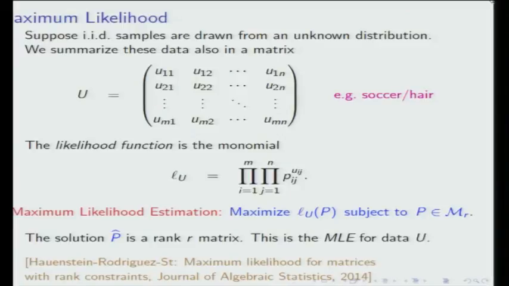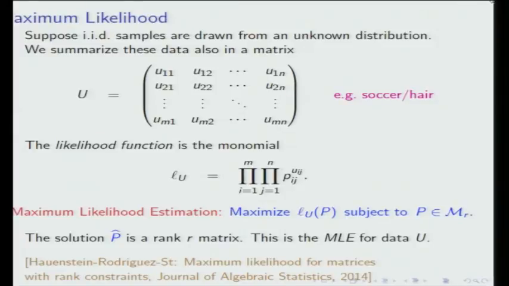So Pij is the unknown probability of seeing something of form ij, and then I multiply them. These are independently drawn samples. There's a multinomial coefficient out here, but except for this multinomial coefficient, this likelihood is the probability of seeing my particular table given that the Pij are the probabilities and given the sample size.